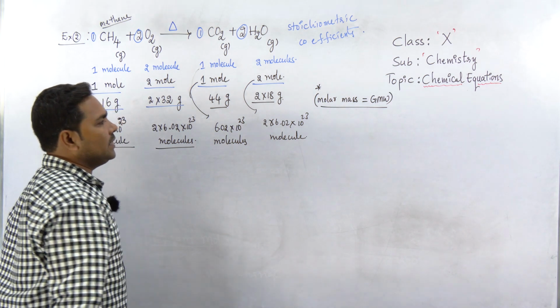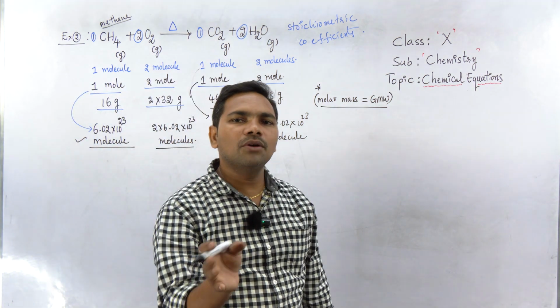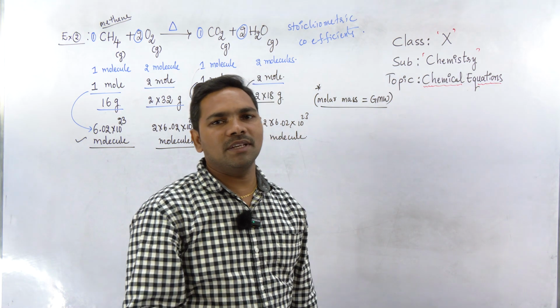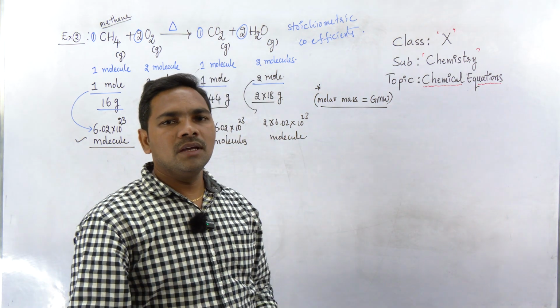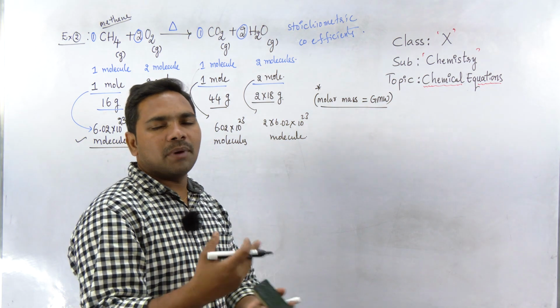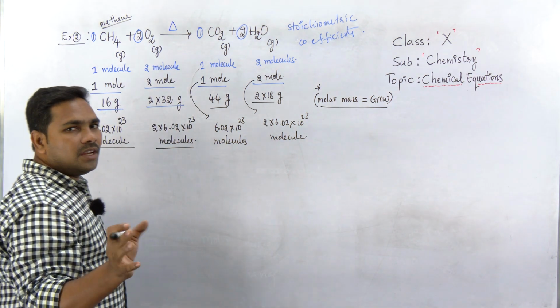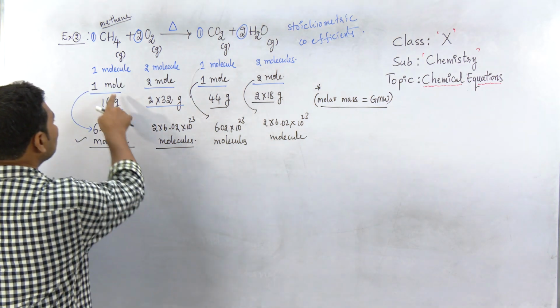Whenever a chemical reaction takes place, 1 molecule, 2 molecules, 10 molecules, it doesn't take place. It's a bulk phenomenon. An extremely large number of molecules participate in chemical reactions, and moles are a convenient way of expressing their quantities.